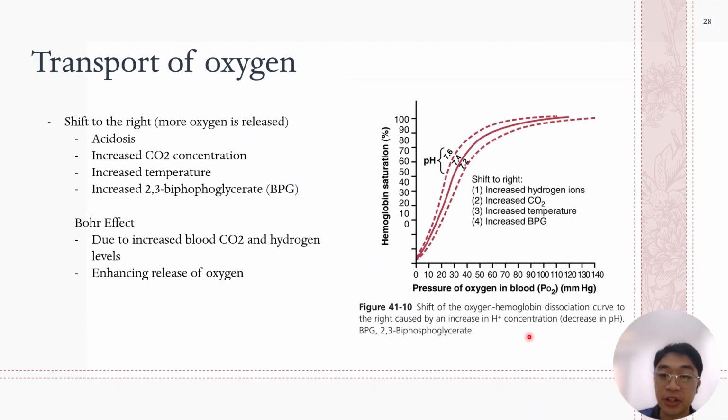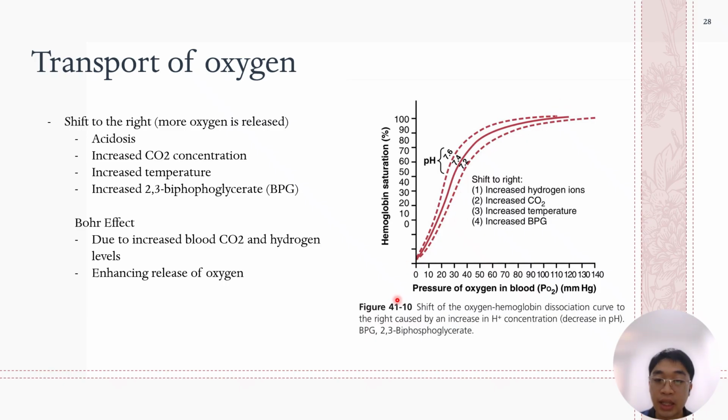So this figure here on the right is what we call the oxygen dissociation curve. The main purpose of this curve is that it tells us how oxygen becomes more bound to hemoglobin as the partial pressure of oxygen increases. Okay, so take note here at the very center line, the solid line.